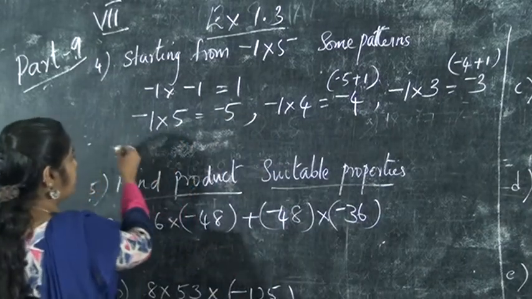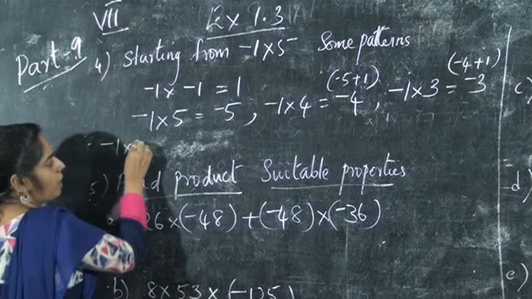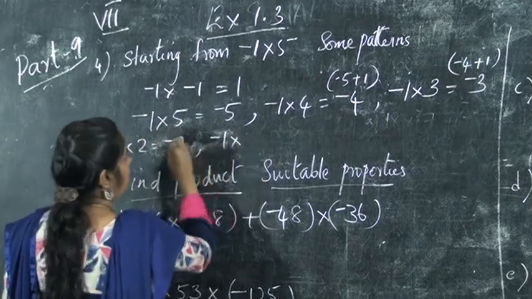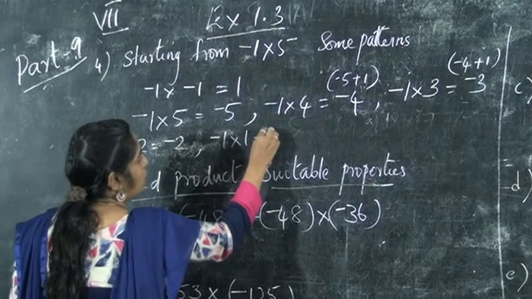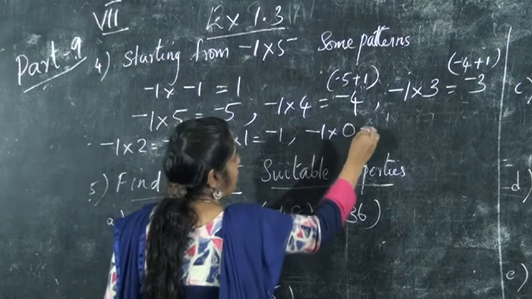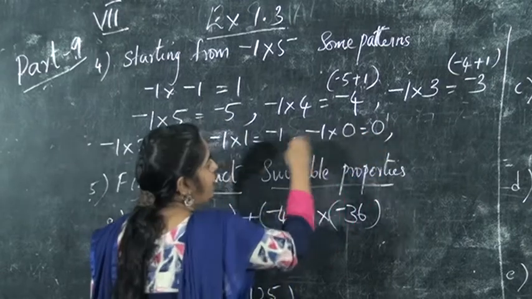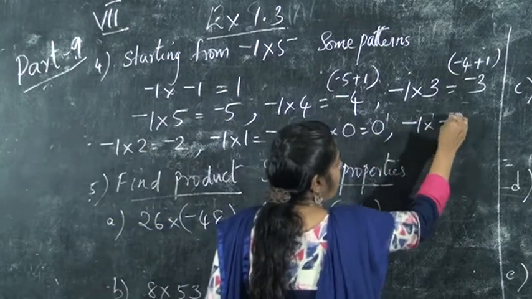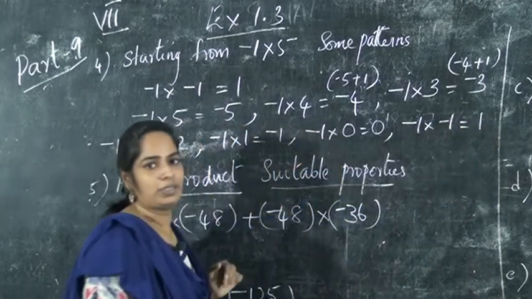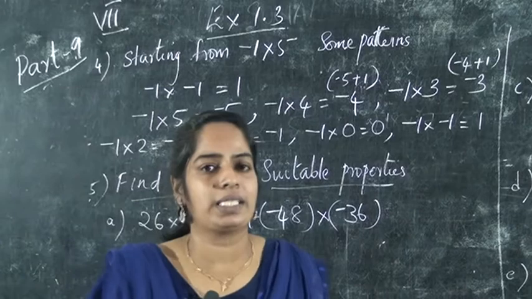So we can continue the process: -1 into 2 is -2, -1 into 1 is equal to -1, -1 into 0 is equal to 0, again -1 into -1 is equal to 1. Okay, you understand how the pattern goes on.